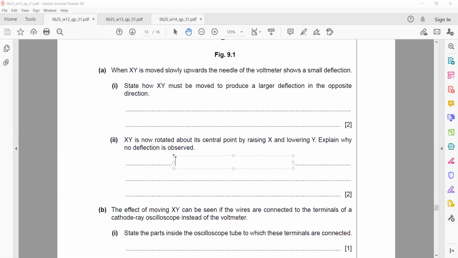So X and Y both will produce current, which cancel out each other.